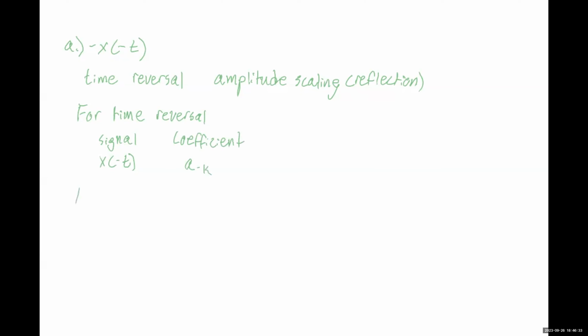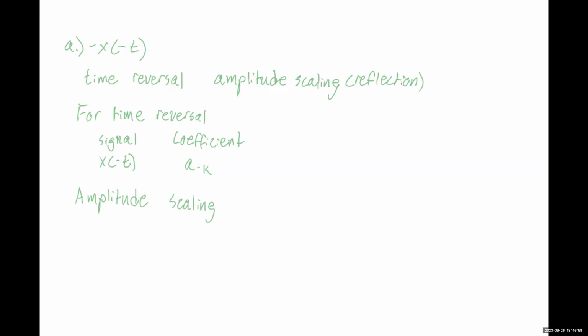For amplitude scaling, we actually have to look at the linearity property. Because if we remember from the past, linearity is composed of two parts. We have the additivity, and we have the homogeneity or scaling.